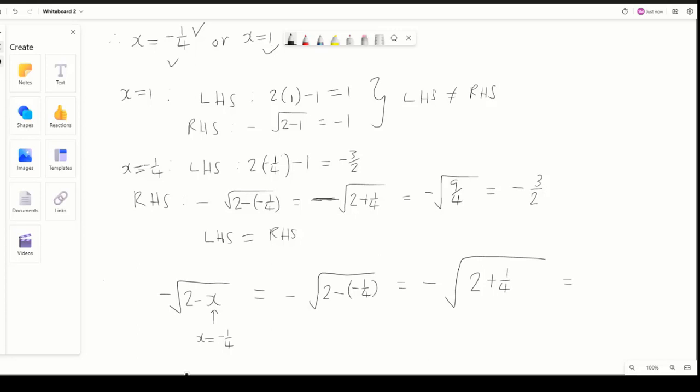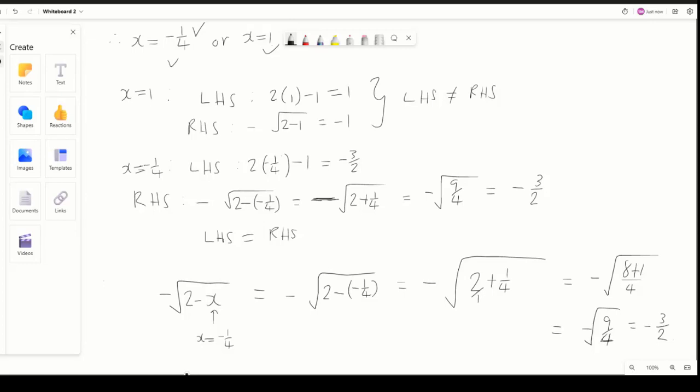My LCD there is 4. This is 2 over 1, this is 1 over 4. 1 goes into 4, 4 times 2 is 8, plus 4 goes into 4 once, 1 times 1 is 1. So that's 9 over 4. And the square root of 9 is 3, and the square root of 4 is 2. Okay, that's it. Is that clear?